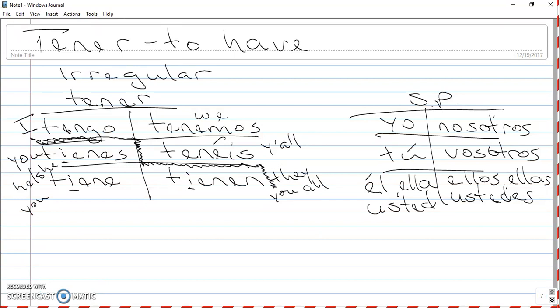If you're a Harry Potter fan, you may remember that he lived under the steps. So I lives under the steps. So tengo, tienes, tiene, no silent E, tenemos, tenéis, and tienen. Okay, that is tener. I have, you have, he, she has, we have, y'all have, they or you all have.